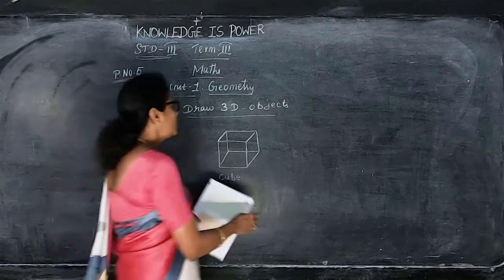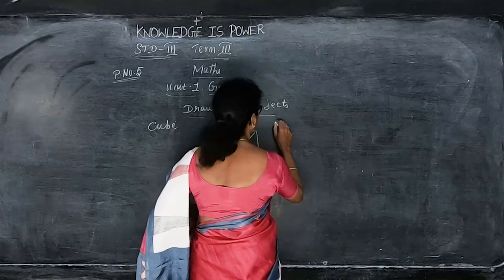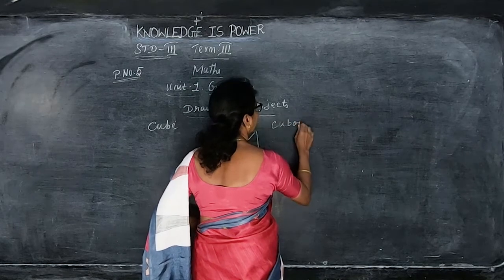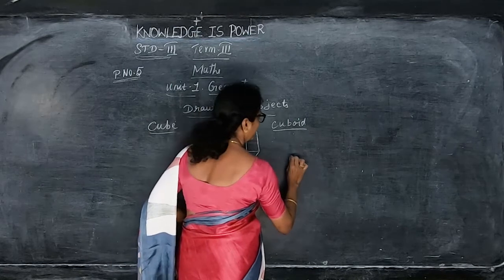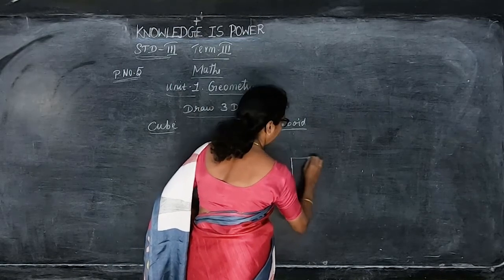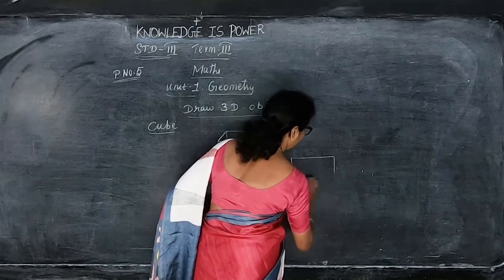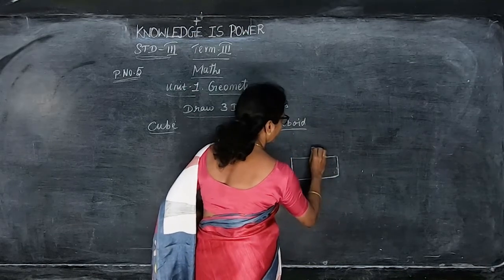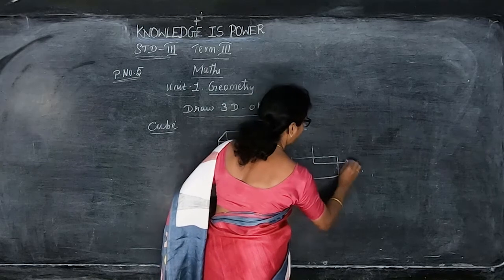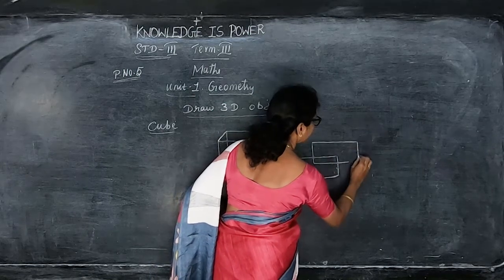Next one is the cuboid they are given. How to draw the cuboid? For this we have to draw the rectangle. So put the rectangle. You know the rectangle, so 2 lengths and breadths. Put it a little broader. Then again in the corner you can draw the length like this.